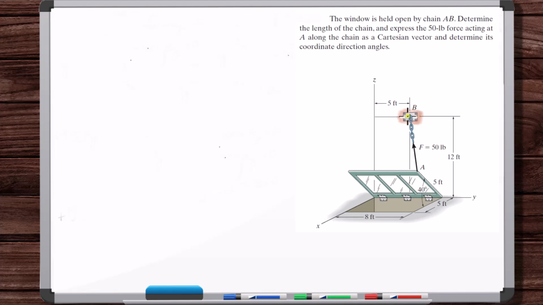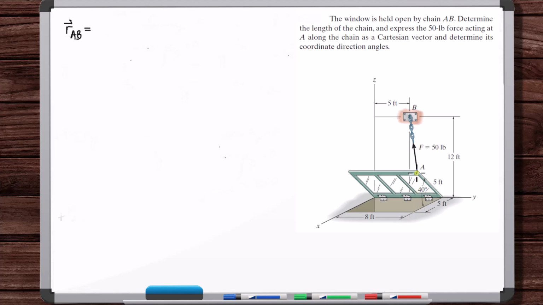So to find the position vector from A to B, we need the coordinates of A and the coordinates of B. We've got the coordinates of B. Coordinates of A, we only have the y coordinate.